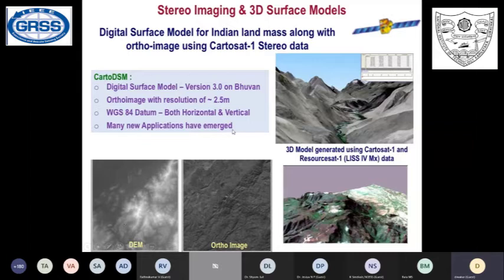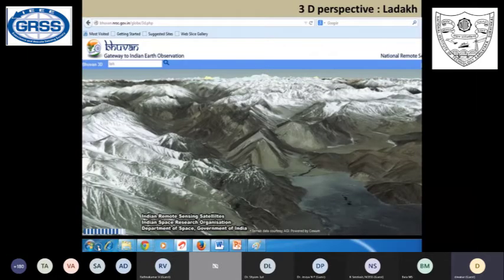As I have already told you, it is possible to do stereo imaging from space, where we get 3D surface models, and these can be used for a virtual fly-through of a terrain. You can understand the terrain without actually flying over it, and use that data for various activities with respect to planning and development.